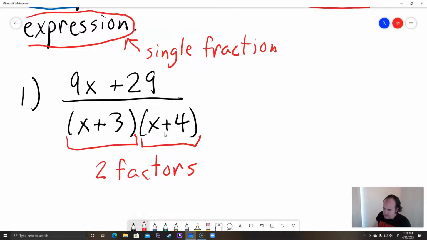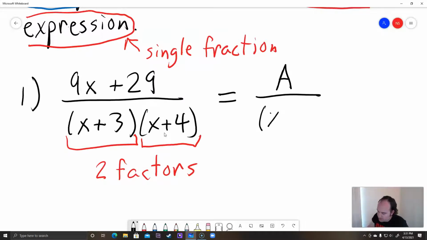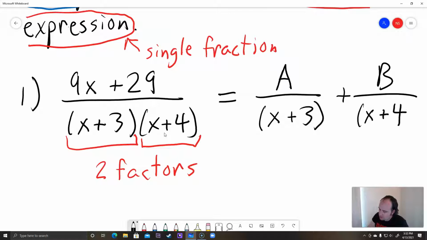What the right side is going to look like is, we're going to write a capital A as an unknown. So we're going to have capital A over the first factor, capital A over x plus 3, plus capital B over the second factor, so capital B over x plus 4.